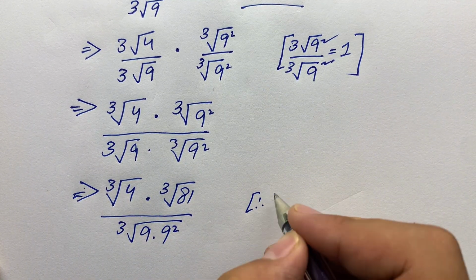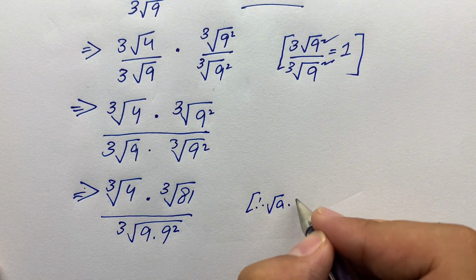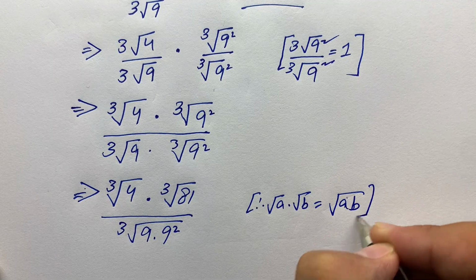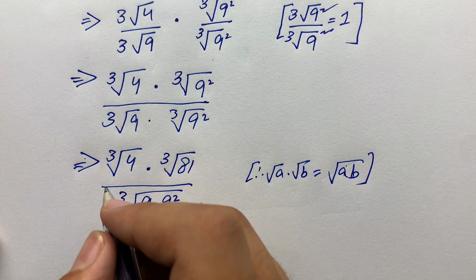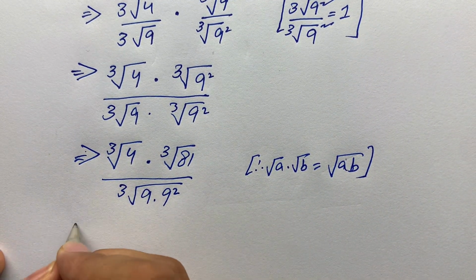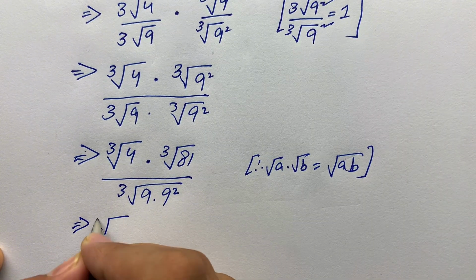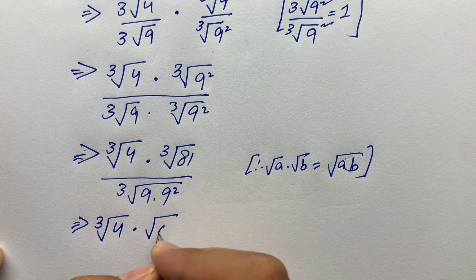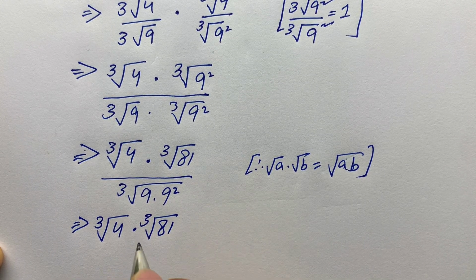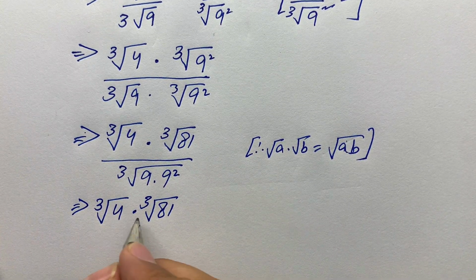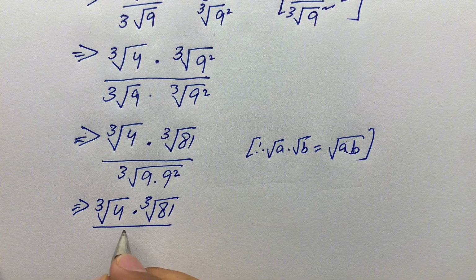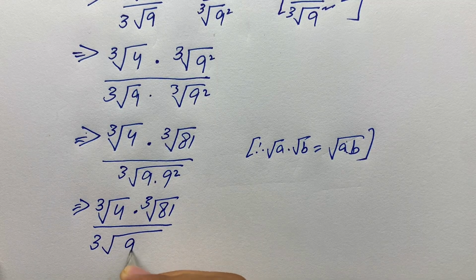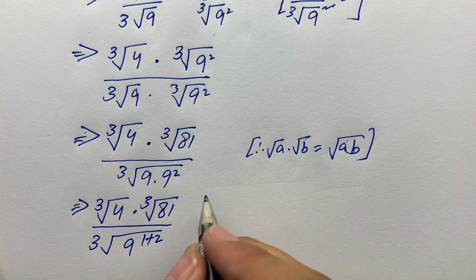So we use this formula in this position: root of a into under root of b is equal to under root of ab. Next, this will be under root of 4 into 3 into 81 into 3 divided by 3 into under root 9 into 1 plus 2.